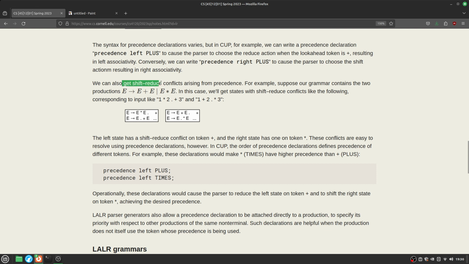We can also get shift-reduce conflicts arising from precedence. For example, suppose our grammar contains two productions. In this case, we'll get states with shift-reduce conflicts like the following, corresponding to input like 1 times 2 plus 3.